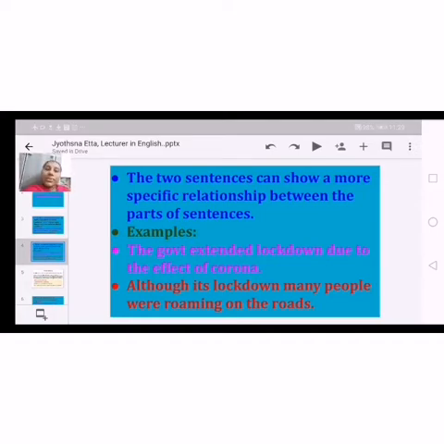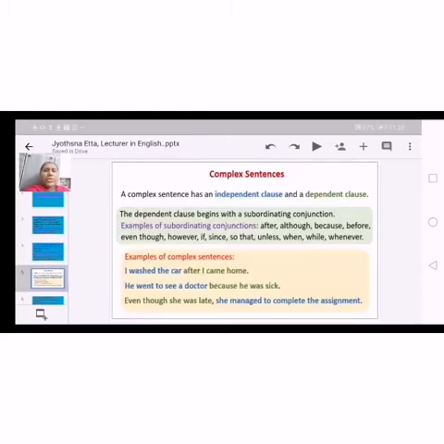Okay, so next, move to the next slide. As we discussed, a complex sentence has an independent clause and a dependent clause. And the subordinating conjunction: I've explained that the dependent sentence or the subordinate sentence begins with a conjunction.